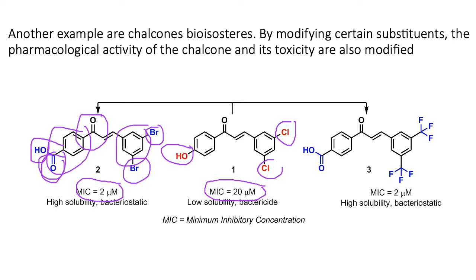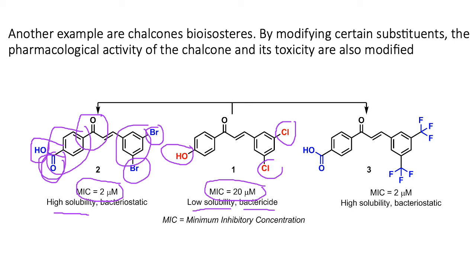This one contributes to high solubility but is bacteriostatic, meaning that it stops the bacteria from growing but doesn't kill them, whilst this one has low solubility but is a bactericide, meaning that it kills the bacteria.